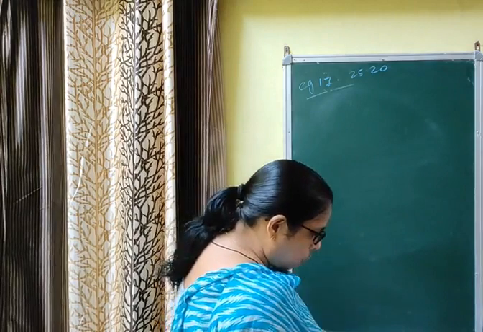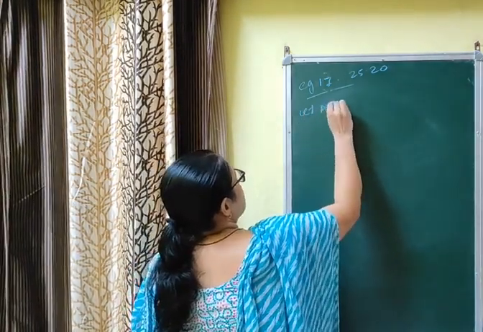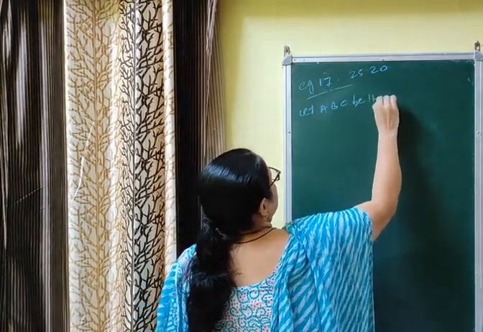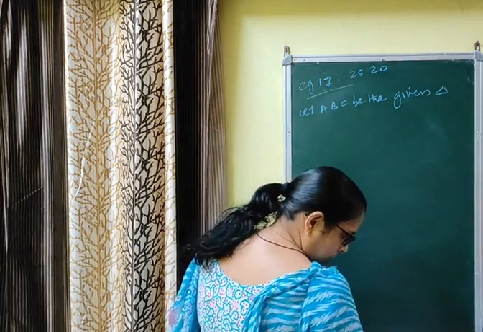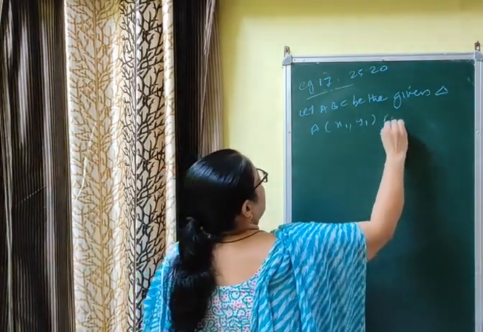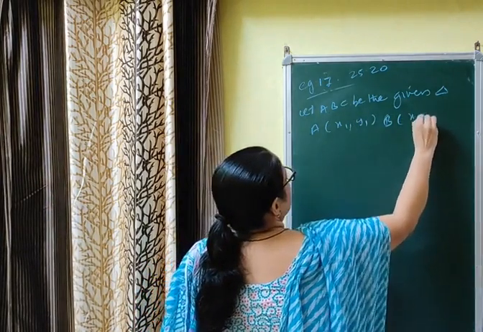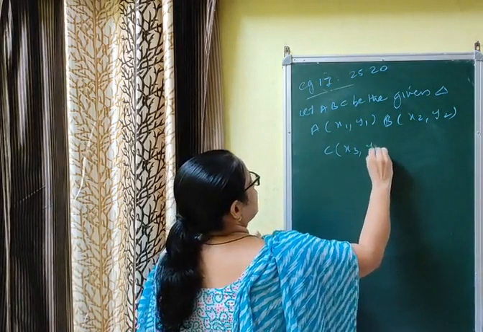You are given the ordinates of the triangle, so it is better to assume the triangle. Let ABC be the given triangle, and the coordinates can be assumed as A (x1, y1), B (x2, y2) and C (x3, y3).